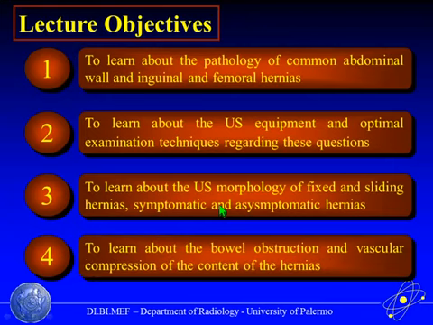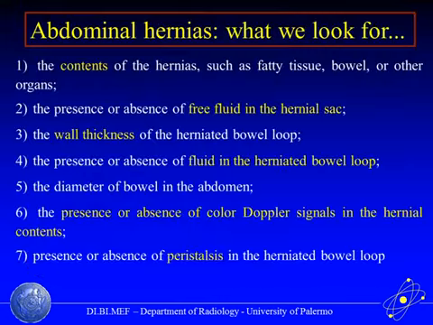So let's talk briefly about bowel obstruction and vascular compression of the content of the hernias. If we are looking for abdominal hernias, of course we have to search for the location of the hernias, the type of the hernias, the contents of the hernias: fatty tissue, bowel, other organs. But we also have to look for the presence or absence of free fluid in the hernial sac, and the presence of fluid in the bowel loop.